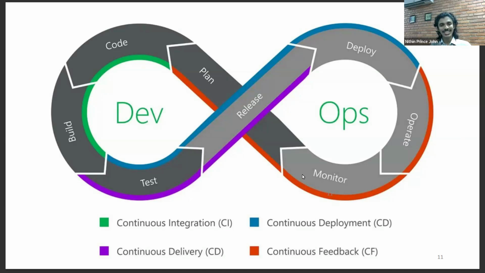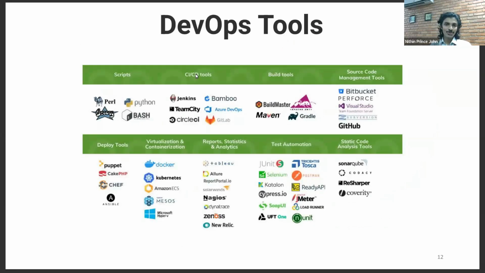Once we get all those things, they are given back to the planning phase. So this is the continuous feedback phase. In other words, I can say it is continuous everything, right? It's an infinite cycle. So this is the idea of DevOps. Then what are the tools that we are using in DevOps?